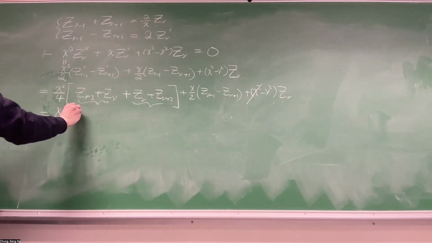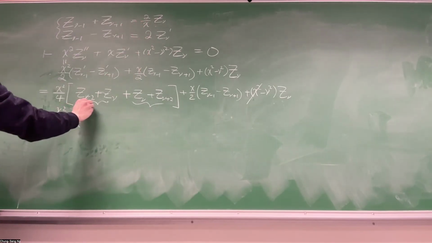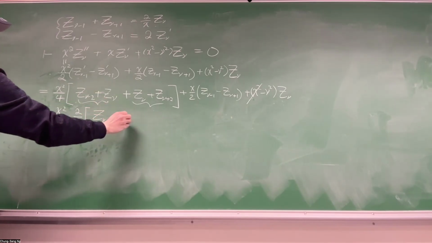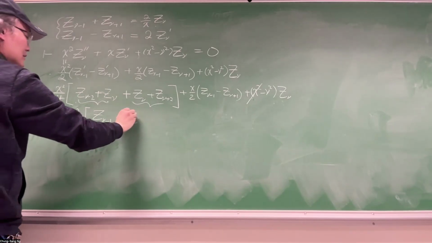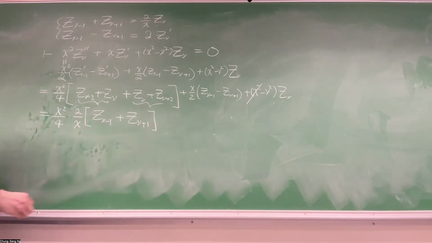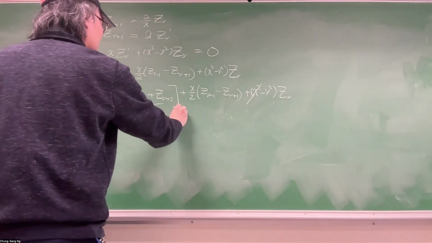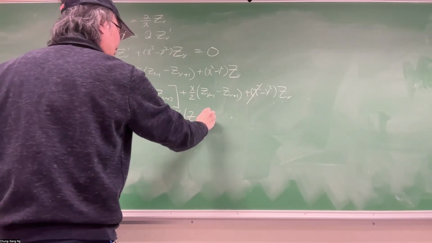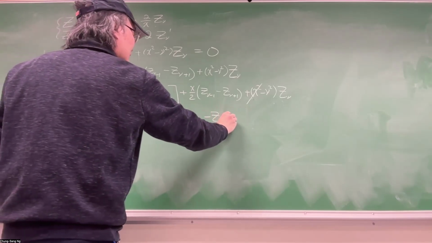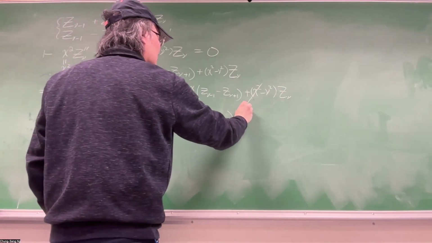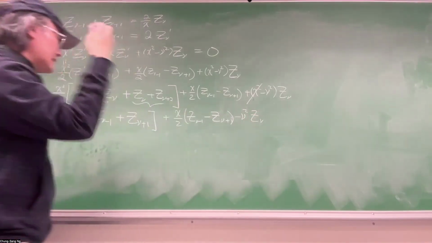So you can take the 2 over x out. The first one gives you z nu minus 1, the second one gives you z nu plus 1. And then the rest is just write it out, because you don't want to get too far away and get confused. Only one term survives, nu squared z nu.